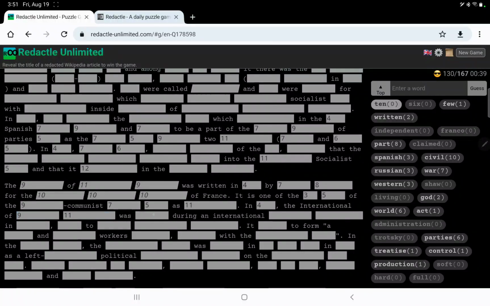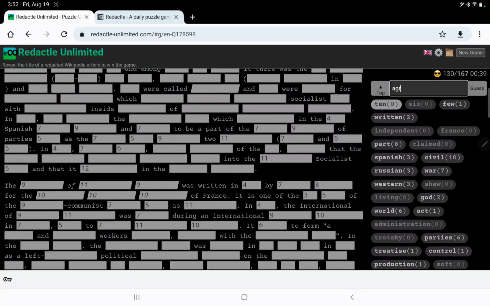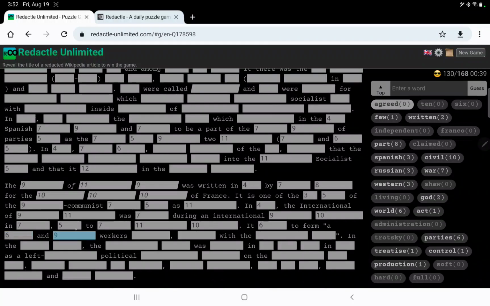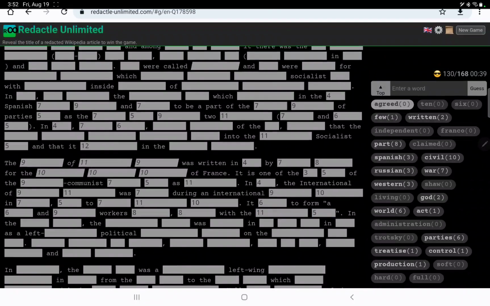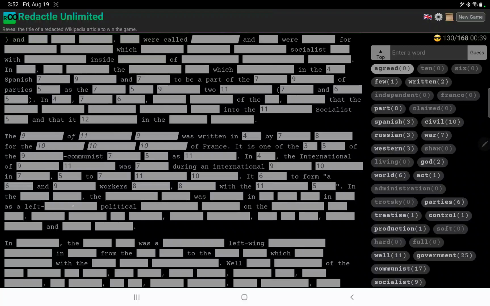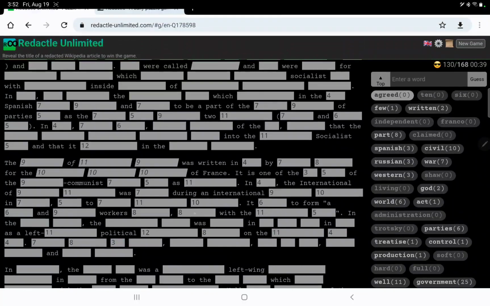The international was 7 during an international 9-10 in somewhere. It agreed to form a workers something. Oh my goodness. As a left something political. Oh my goodness, I'm out of my depth with this one.